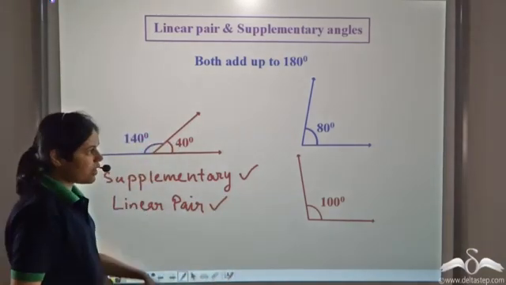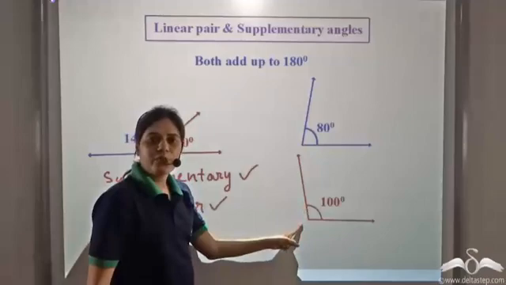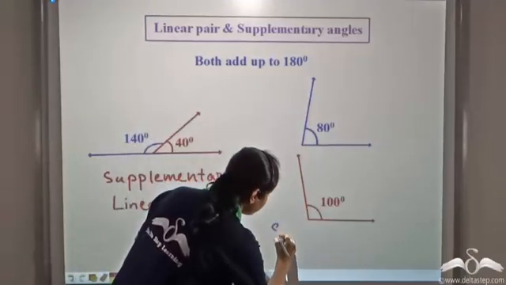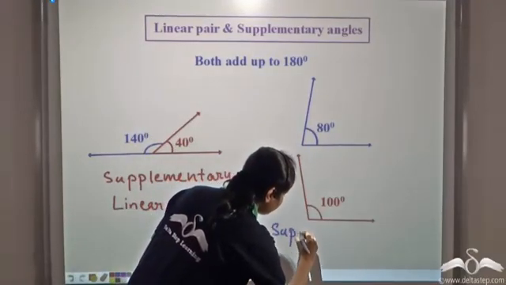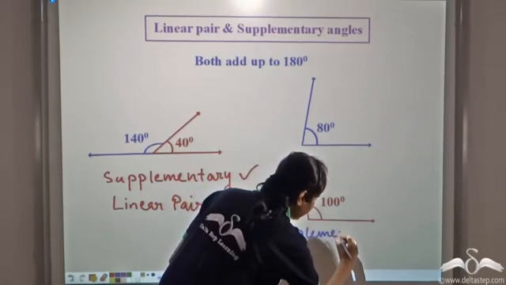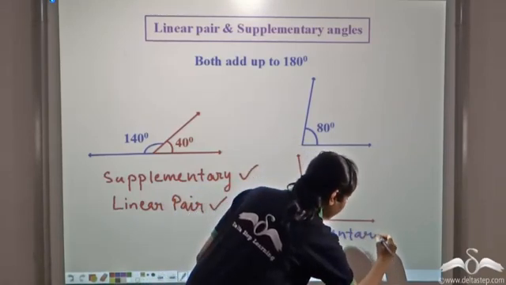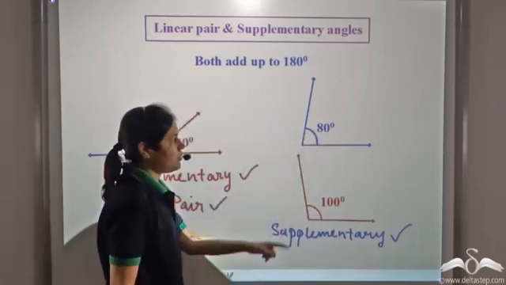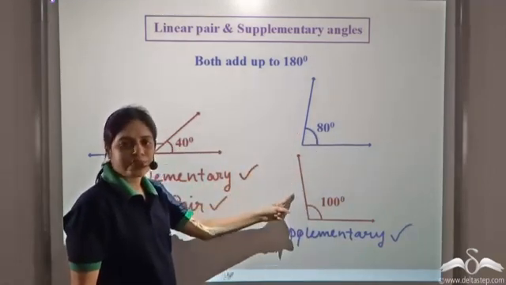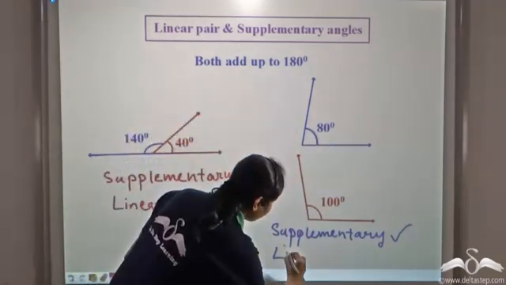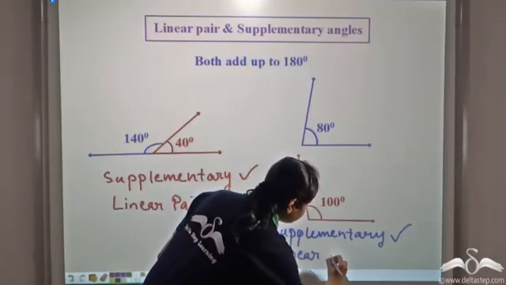Now what about these two angles? They add up to 180 degrees. So both are supplementary. But they are not adjacent. So they do not form a linear pair of angles.